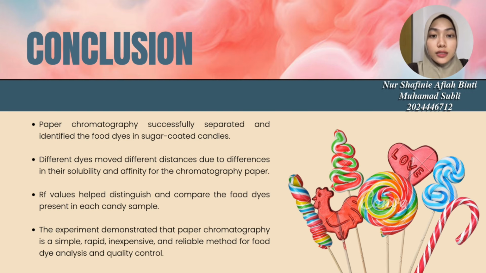The different dyes travel different distances because they have different solubility in the solvent and different attraction to the chromatography paper. By calculating the RF value, we were able to distinguish and compare the food dyes in each candy sample. This demonstrates how chromatography can provide accurate and reliable results in food analysis.